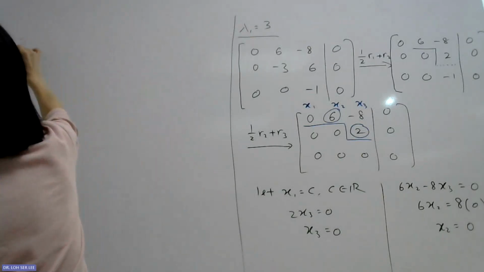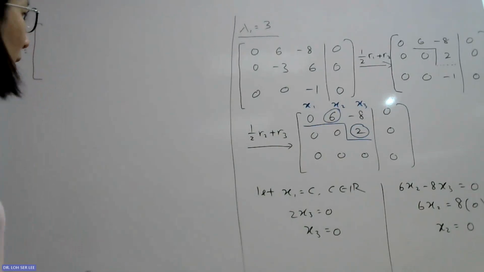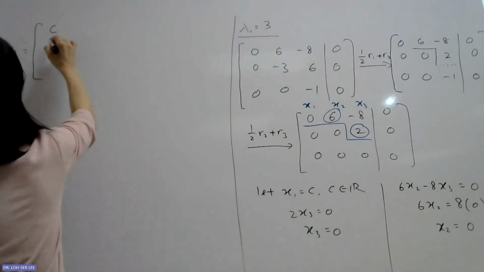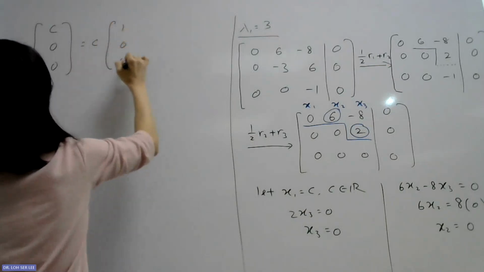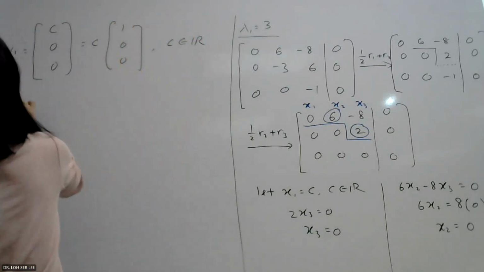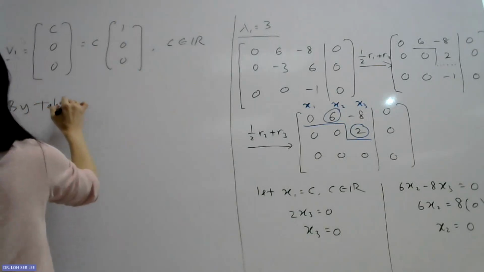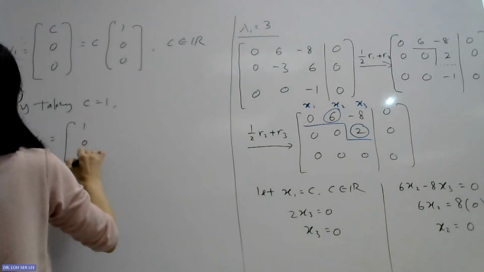So your V1: x1 is C, x2 is 0, x3 is 0. Okay, by taking C as 1, your V1 is 1, 0, 0.